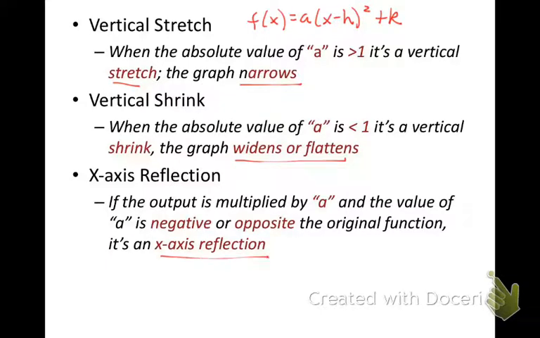And so that's why we saw the graph flip over the x-axis when we went from the parent to this function. That negative sign caused it to reflect. And then this value caused it to widen. So we had both a vertical shrink, hopefully I said that right, and an x-axis reflection.